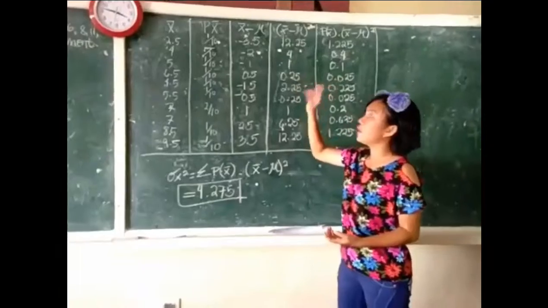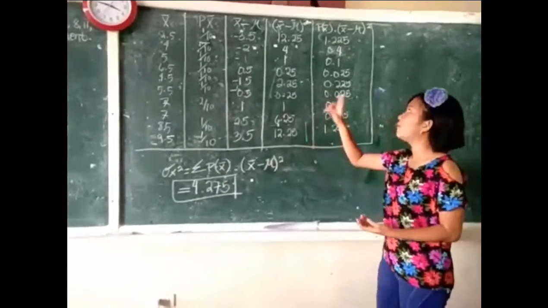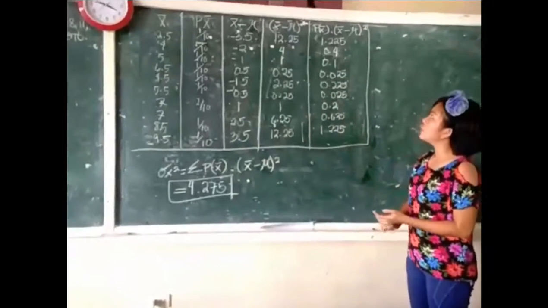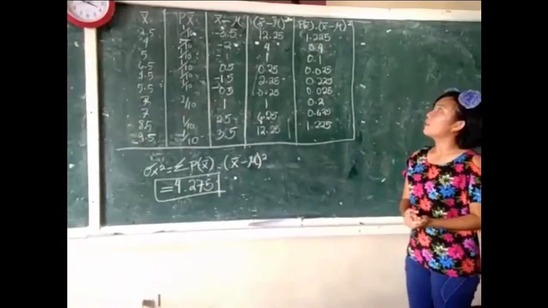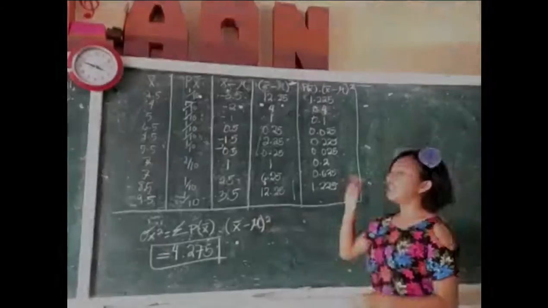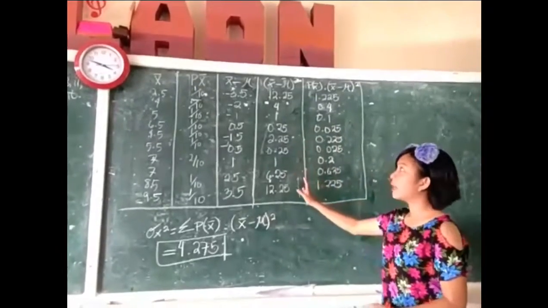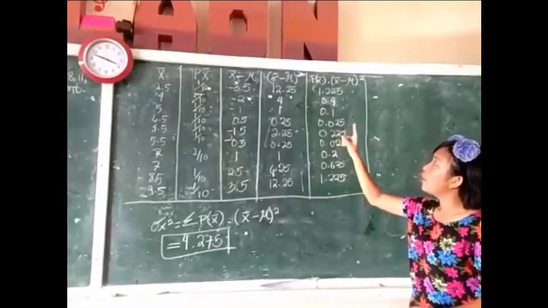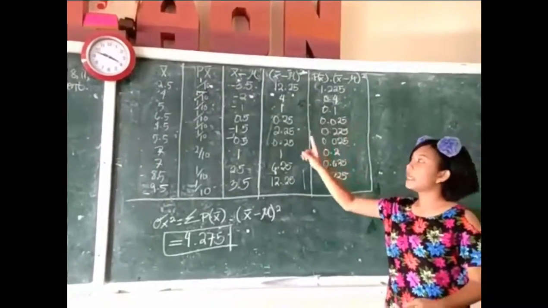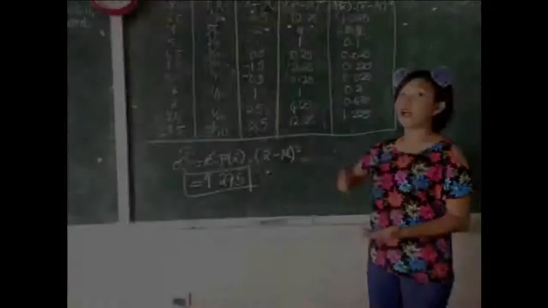So negative 3.5 times negative 3.5 is equal to 12.25. Now, for P times x bar minus mu squared, we simply multiply x bar minus mu squared and your P of x bar. So 12.25 times 0.1 is equal to 1.2.